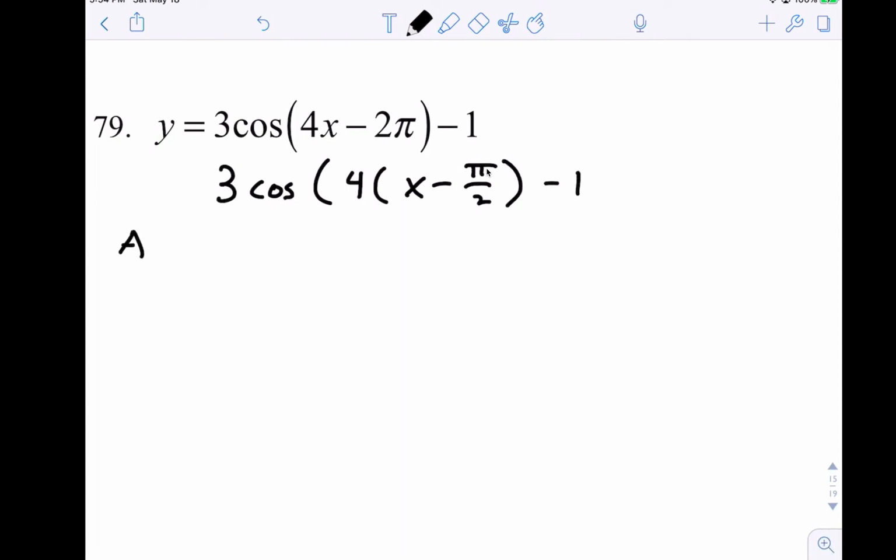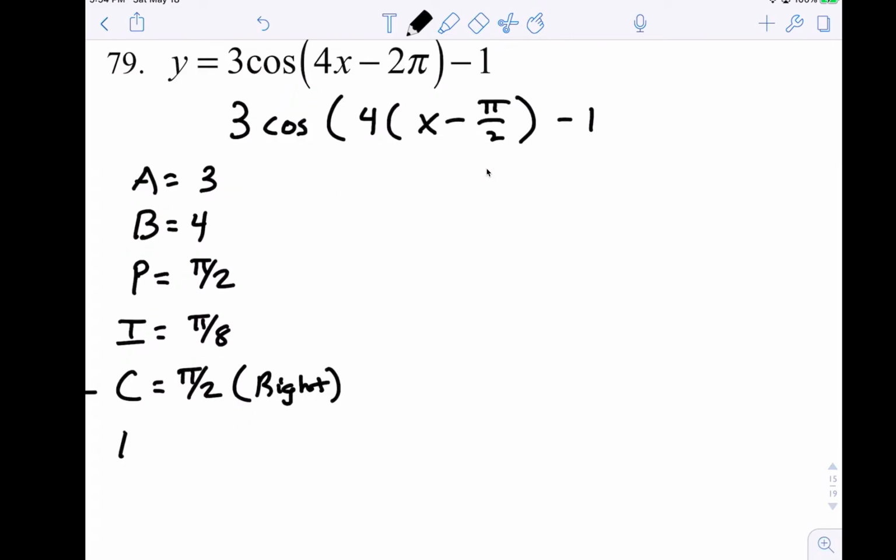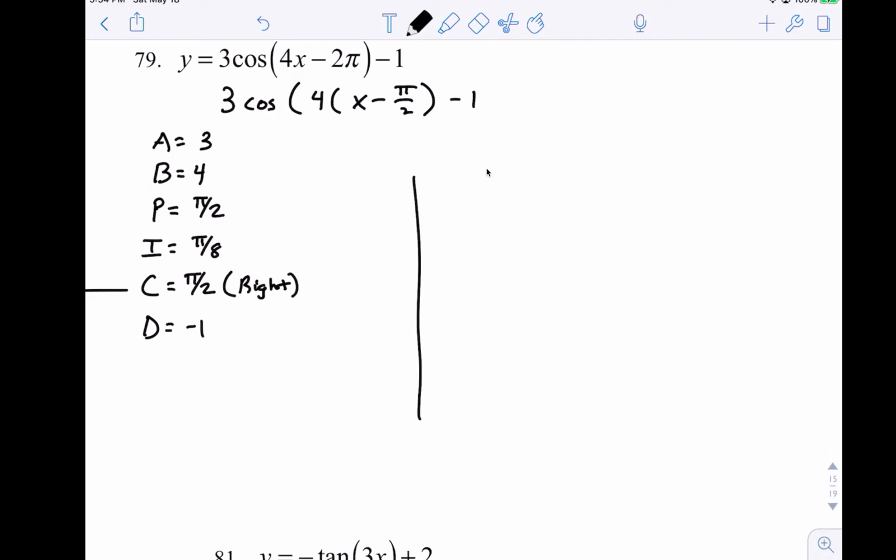So amplitude is 3, b is 4, period is pi over 2, interval pi over 8, c is pi over 2, so that's to the right, and then d is -1.